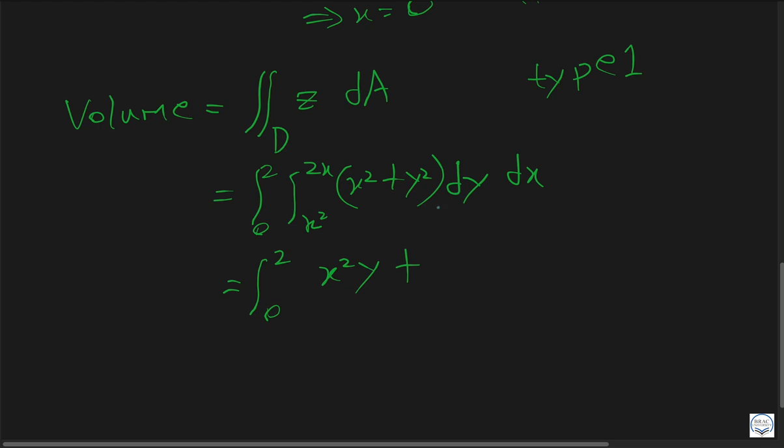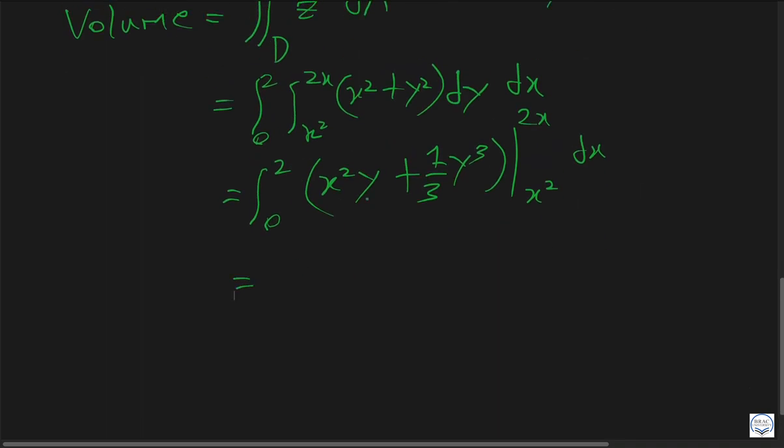Now we'll treat x as a constant, so we get x squared y plus y cubed divided by 3. Now we plug in the limits. Just put twice x in the place of y.